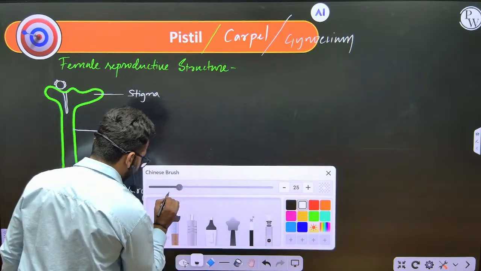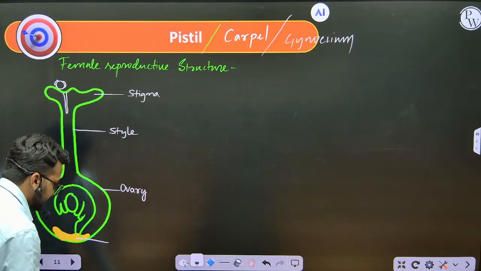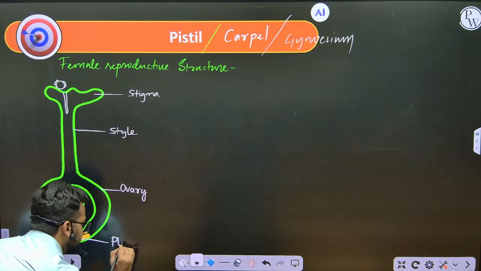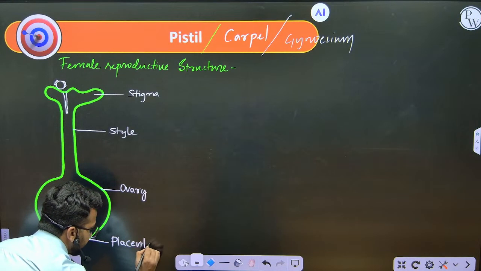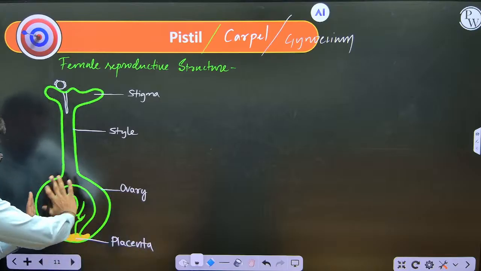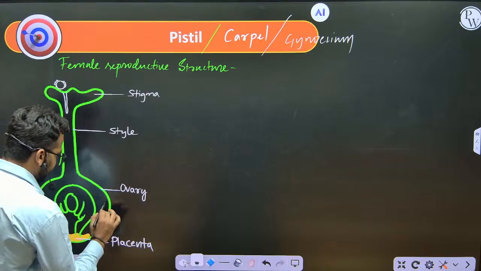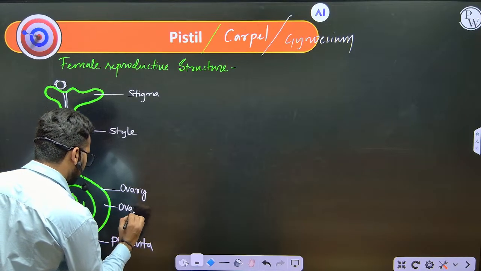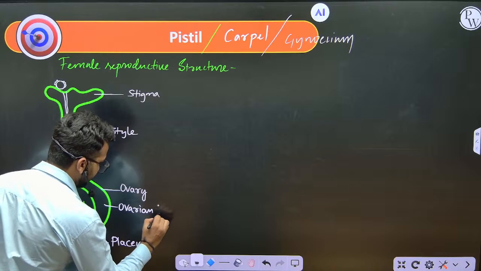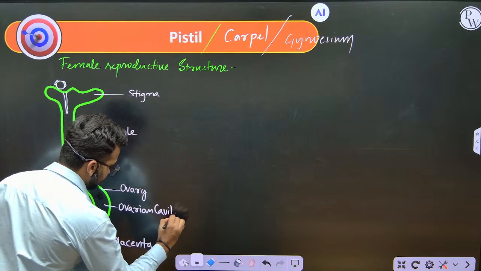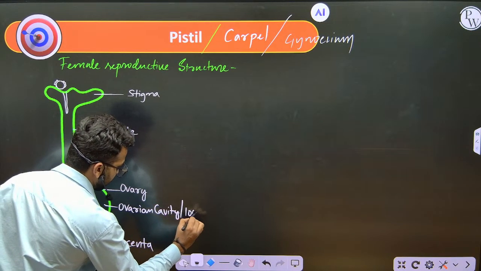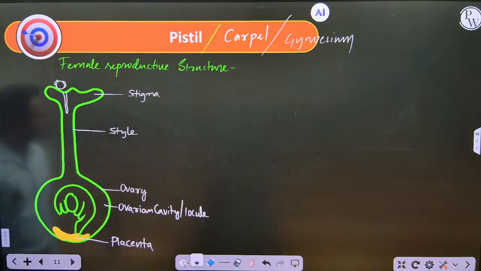Here what you are seeing is a cushion-like structure, that is nourishment tissue, the placenta, and there is an ovarian cavity. Within the ovary you will see the ovarian cavity, or we can call this locule.